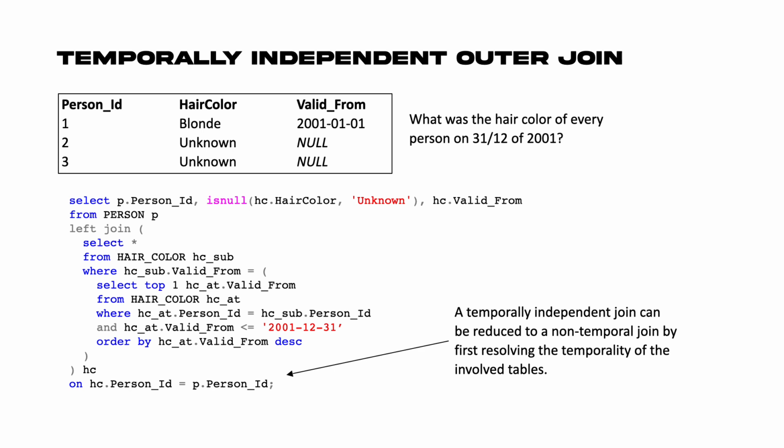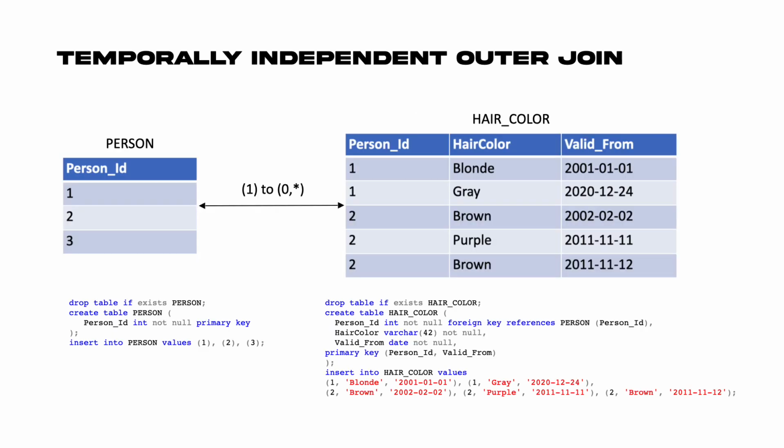However, there is a small thing here that could get lost if you're not careful. As you can see here, I'm replacing the null values that I get with the string unknown in this case. But there are two types here of unknown. The first, for person 2, that hair color is unknown, not because I'm lacking a row for that person.